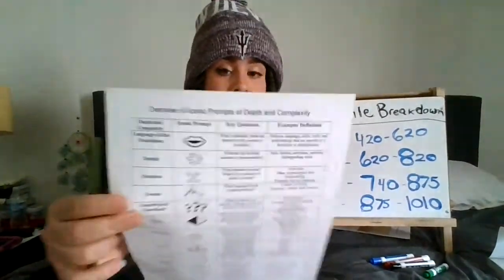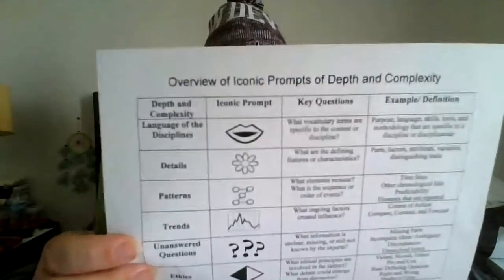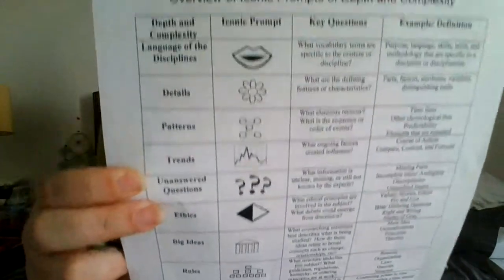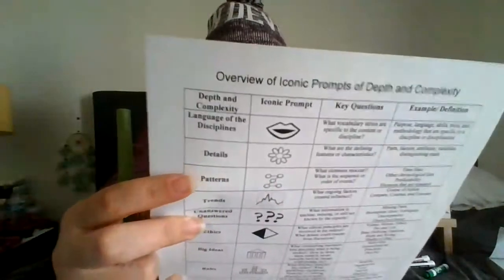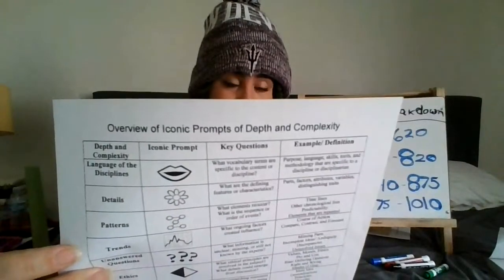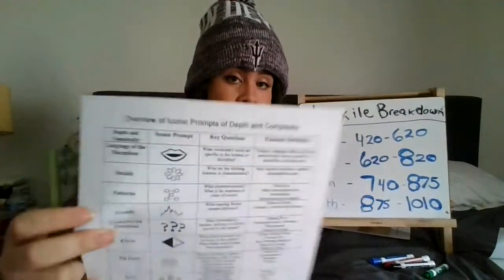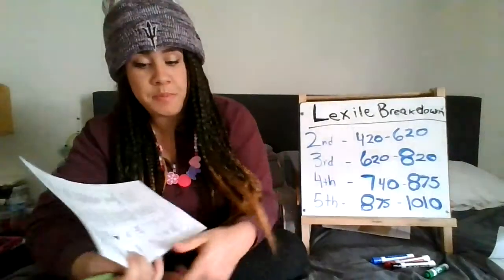The really awesome thing about this is you can find this online for free, and I'm going to post a link for you guys as well. I give this to my kids and I call it their cheat sheet. It tells the kids what each icon represents and what each icon is called, and then a definition and examples and the key questions that you have to think about when you're using these icons.